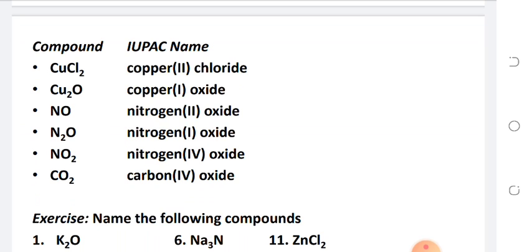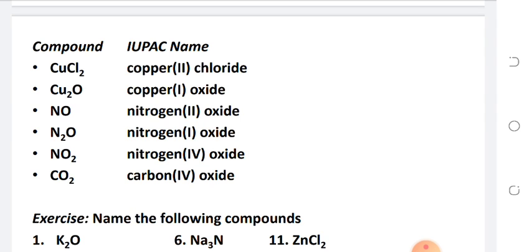Another example of binary compound mentioned in that place is nitrogen(II) oxide, that's NO. Then we also have N2O, which is nitrogen(I) oxide. That is the compound called laughing gas, N2O. Then we also have NO2, that's nitrogen(IV) oxide. We also have CO2, carbon(IV) oxide.